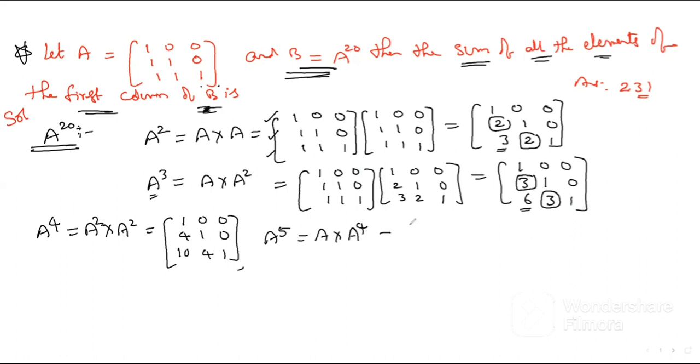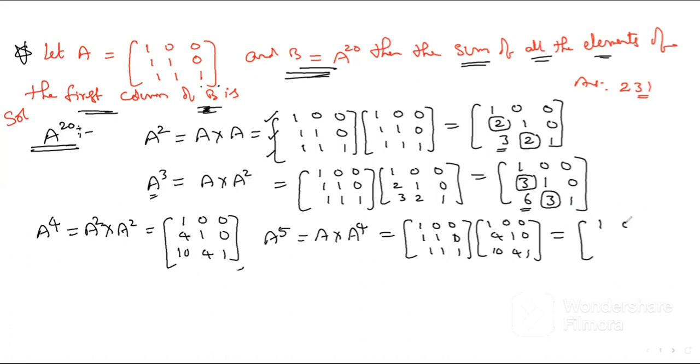A matrix from the statement, given 100, 111, 110, 111, into A to the power 4 value, we have got it here, 100, 410, 1041. After multiplication, we get 100, 510, 1551.